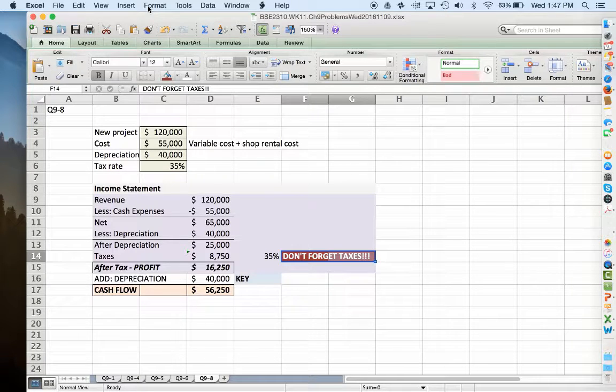If you remember a couple of foundational things, don't forget taxes, add back depreciation. That will get you to cash flow. Okay? Okay. The next problem that I want to do is number 14.